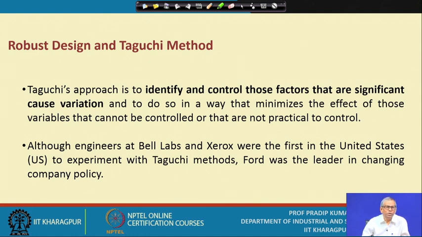Okay. So although engineers at Bell Labs and Xerox were the first in the United States to experiment with the Taguchi methods, so they are the pioneers, in fact, Ford was the leader in changing company policy. That means companies like Ford, and many such companies in the subsequent years, adopted Taguchi's robust design approach in designing as well as in manufacturing their products.